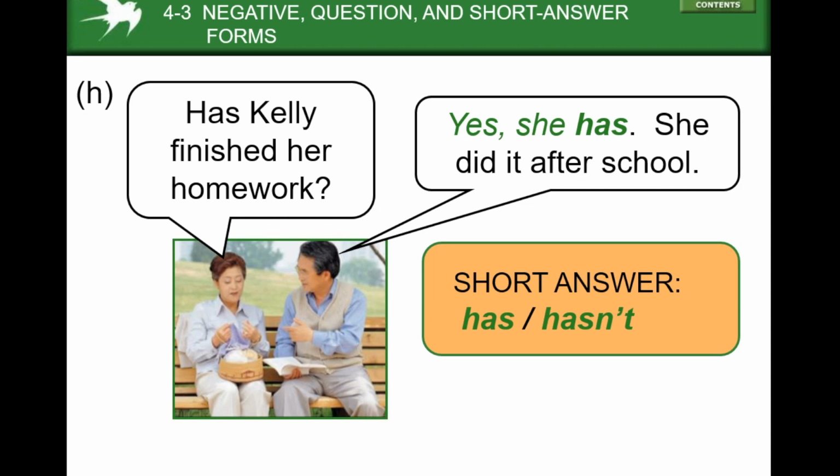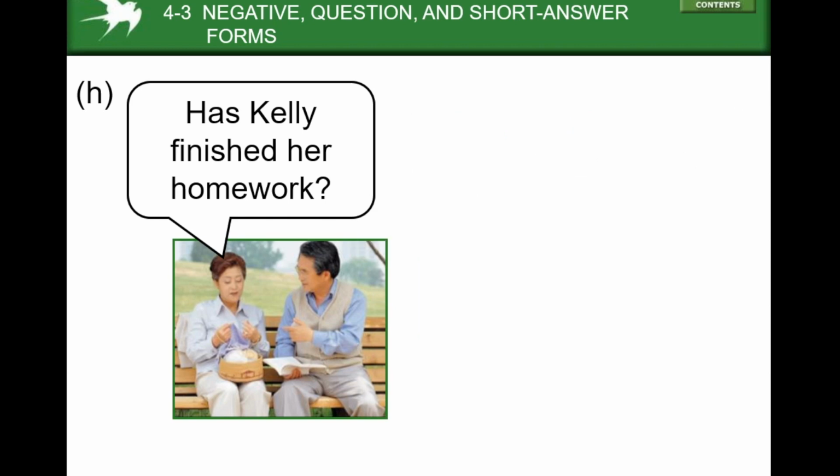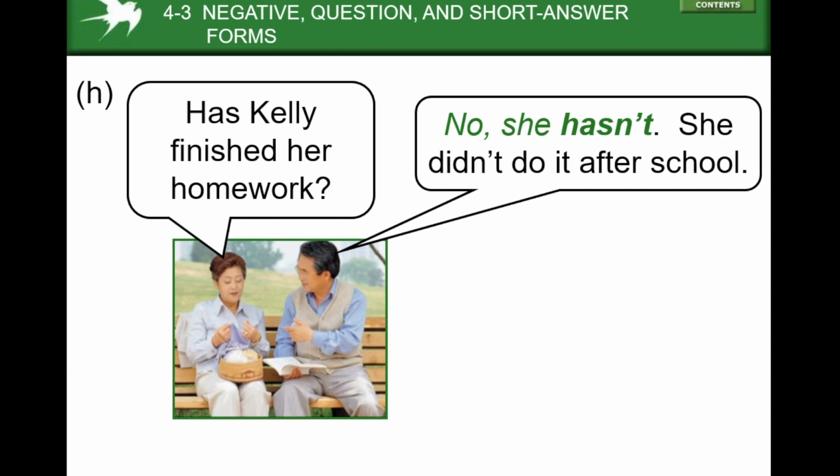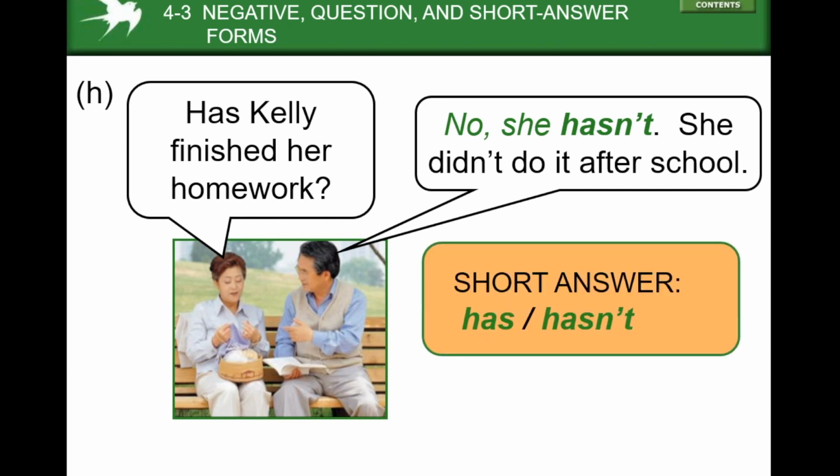She did it after school. But if you want to answer with no, you can say no plus the subject plus the helper verb plus not. So the answer becomes no, she hasn't. She didn't do it after school.